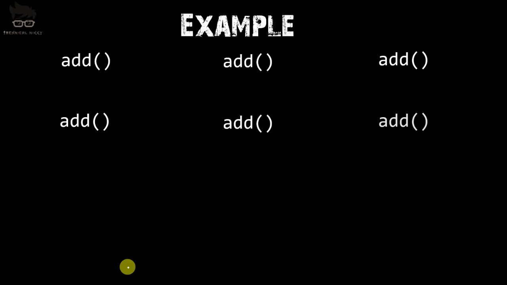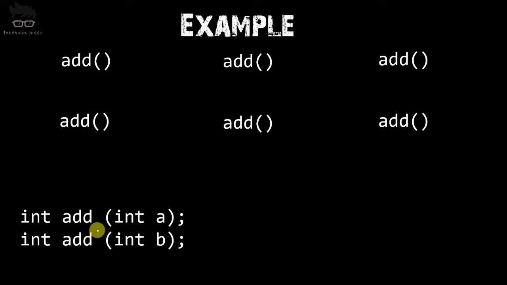For example, suppose we have multiple functions with the same name, like these six add functions. I have int add with parameters int a and int b, and a second function with int a and int b. That is an invalid function because the type is the same, and the number of parameters or formal variables is also the same.